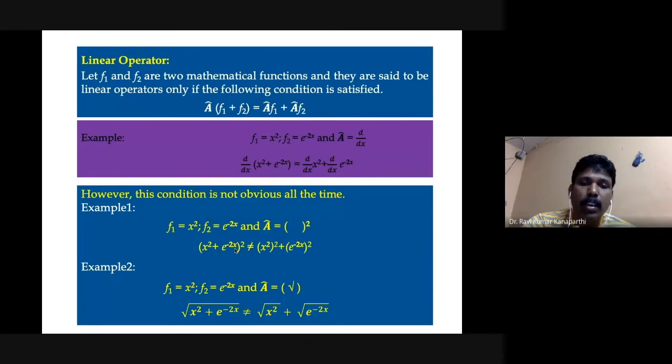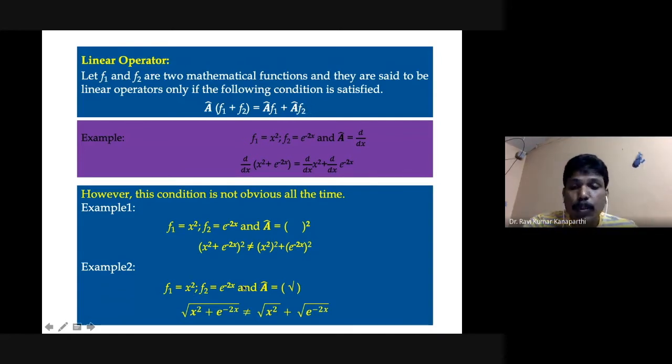But on the right hand side, you have only a square plus b square, and you don't have the additional term, right? Therefore, this condition is not fulfilled in this particular operator case. What is the condition? This condition: when A is operating on the summation of the two functions, it will not be the same as when A is acting on f1 and when A is acting on f2.